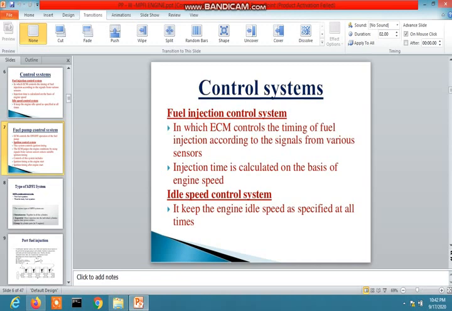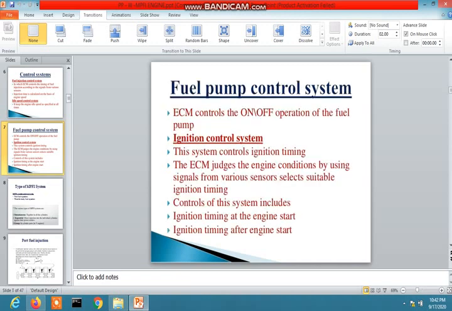Now fuel pump control system, the ECM controls the operation of the fuel pump. Ignition is also controlled by the ECM. The ECM judges the engine condition using the signals from various sensors and selects the suitable ignition timing.